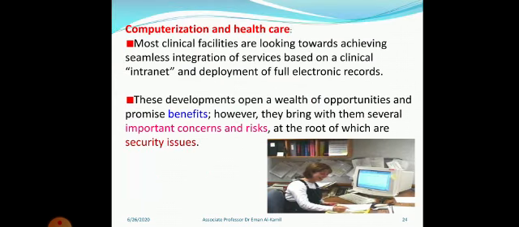The computerization of healthcare services or information. With the increase in technology all over the world, it is important to use technology in reporting and keeping health information, and that is by the introduction of the computer in different health institutions.